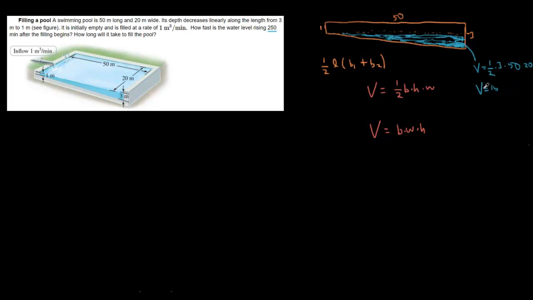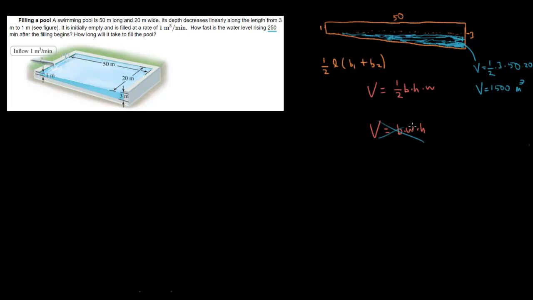Okay, so that tells me that since I haven't passed that 1,500 cubic meter mark, I'm working in this triangular area. So I'm not worried about this equation. I'm working with this one.